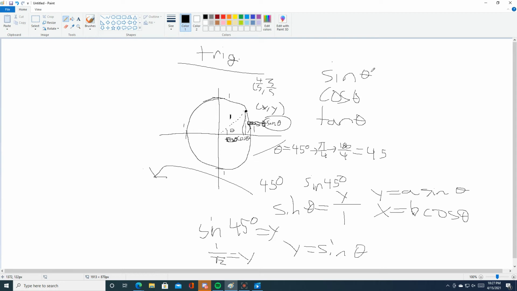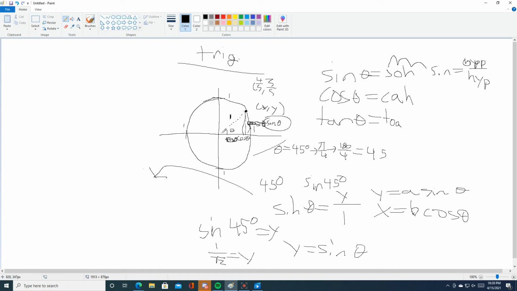Sine is denoted as SOH, cosine is CAH, and tangent is TOA. What does this mean? Is this just gibberish? It's not. This means that sine is equal to opposite divided by hypotenuse.